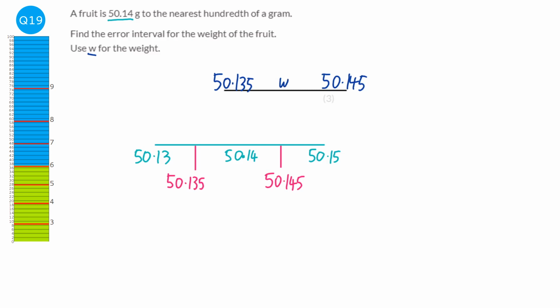Now it can be 50.135, so it's larger than or equal to 50.135, but it can't be 50.145 exactly, otherwise it would round to 50.15, so we don't put the line underneath the inequality.